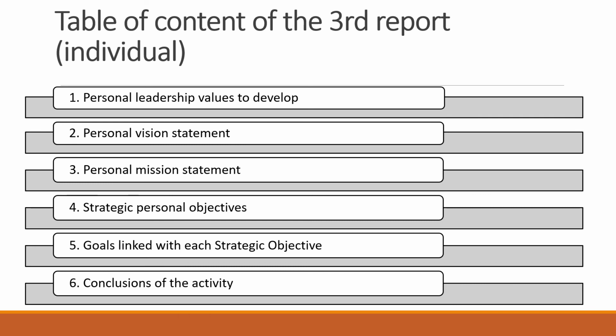Personal vision statement, really refined, well analyzed, and put it there. How you see yourself in 1.5 years in your leadership development plan process. Finally, your personal mission, your strategic personal objectives, your goals linked with each strategic objective, and the conclusions of the activity.